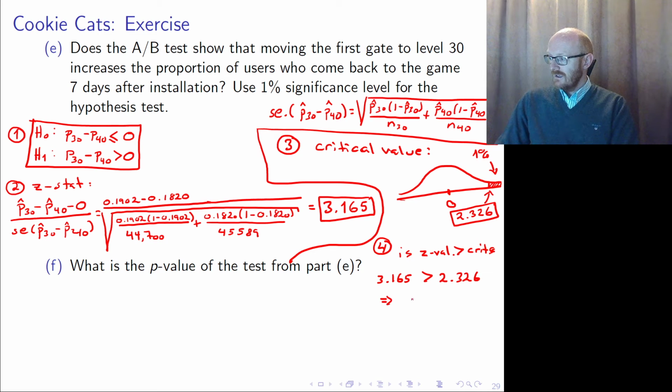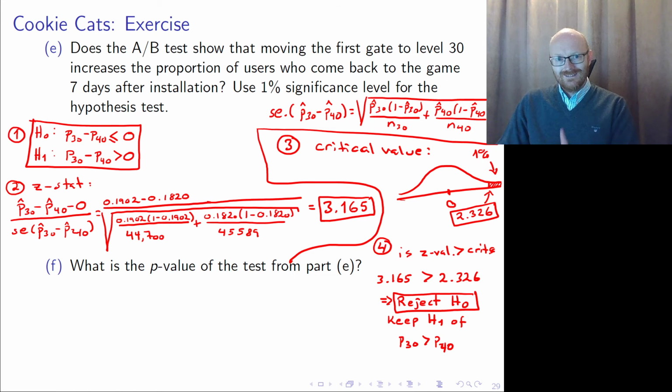Which implies we reject H naught, okay? And keep the alternative hypothesis of P30 higher than P40, okay? So we reject H naught.